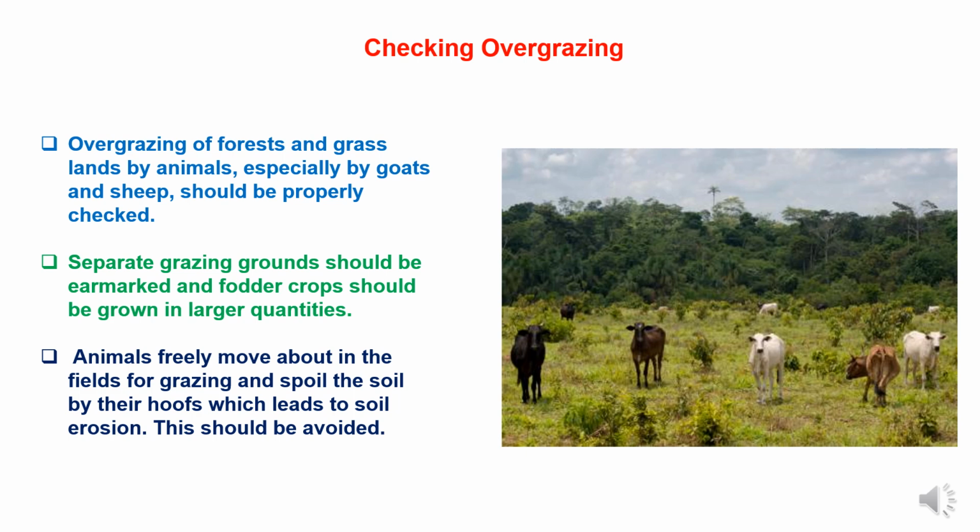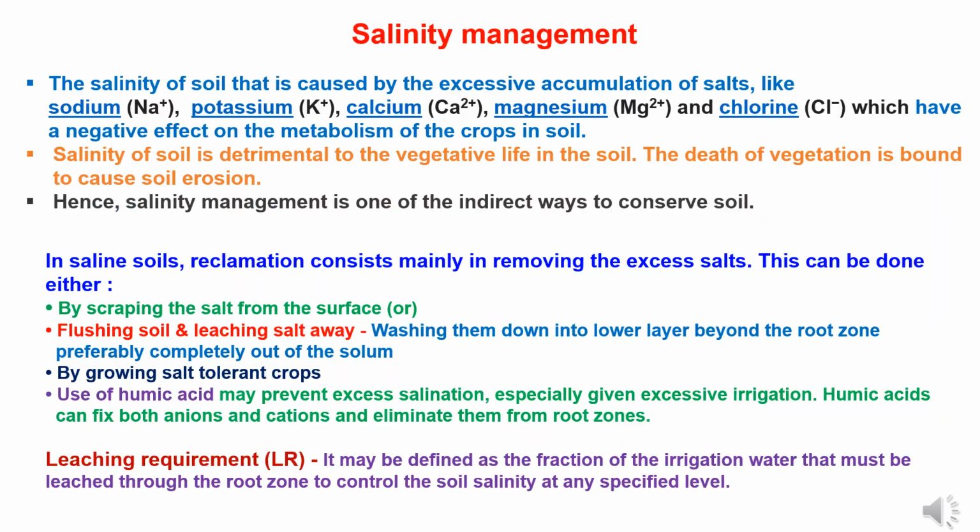This should be avoided. So, we have to check the overgrazing of the lands and alternate facilities should be provided for grazing, fodder and forage crops. By this, we can minimize the soil erosion and it will play an important role in soil conservation.